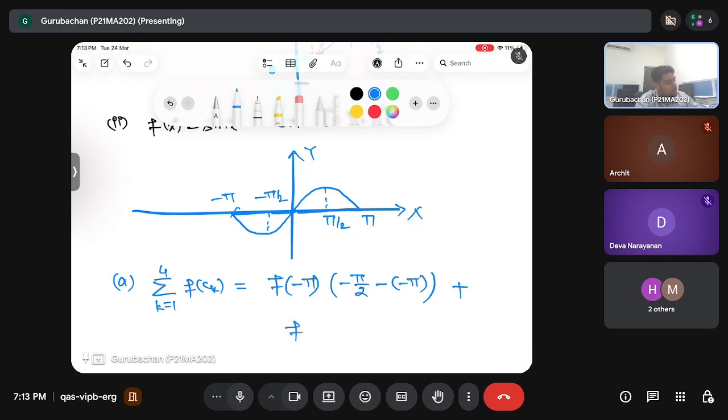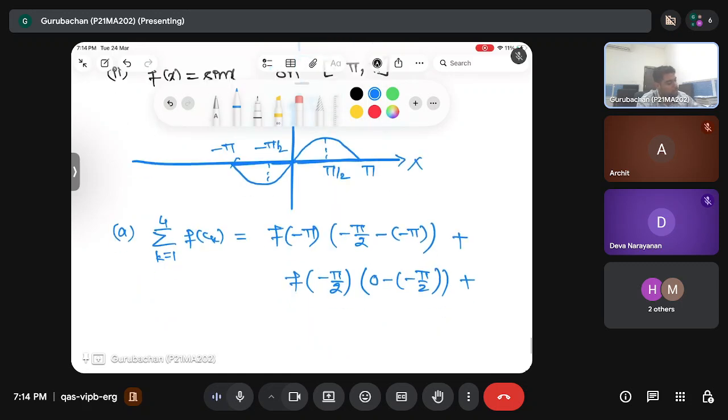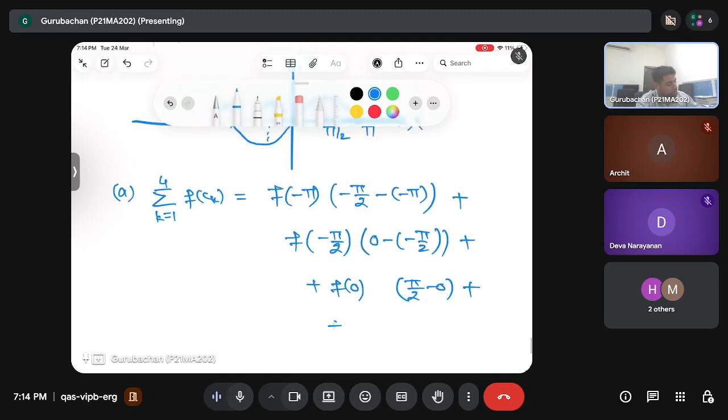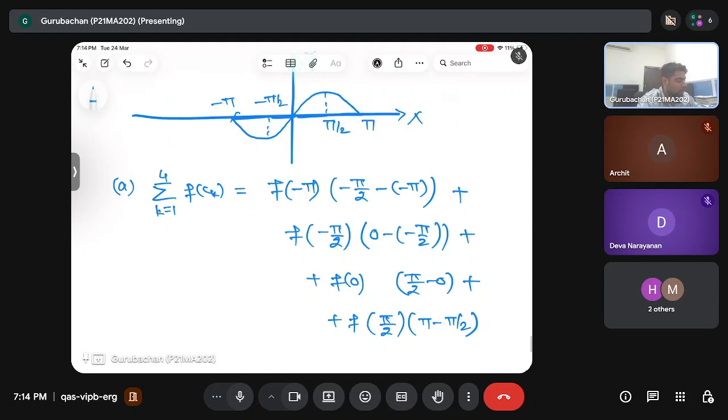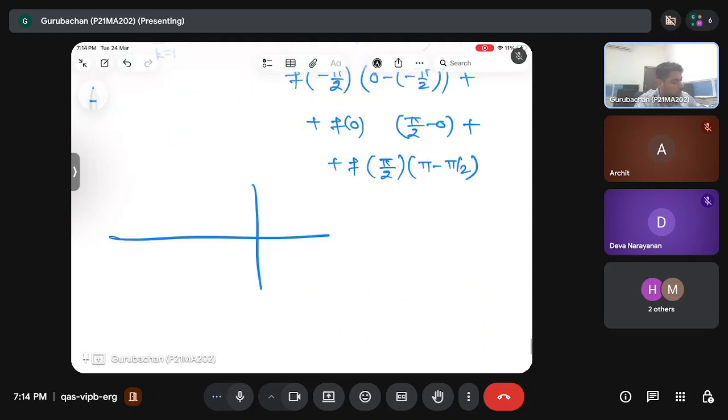In the same way, the left hand point for the second interval is minus pi by 2, with length 0 minus minus pi by 2, plus the third interval, 0 to pi by 2. The left hand point will be 0, with length pi by 2 minus 0, plus the last one, which is pi by 2 to pi, with length pi minus pi by 2. Any doubt in breaking these intervals? So let us draw rectangles corresponding to them.